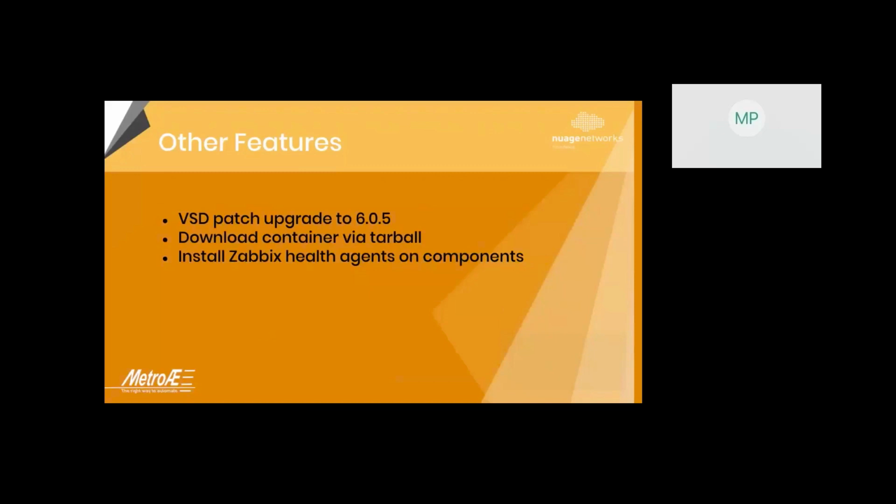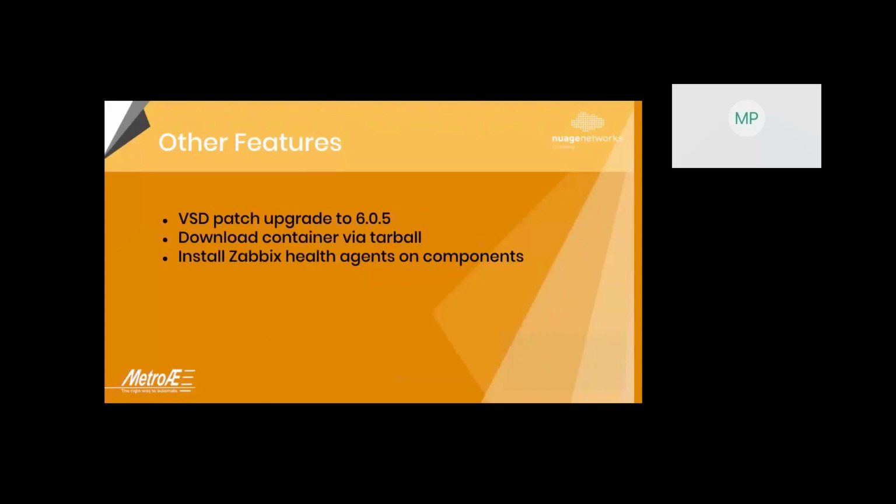So the MetroAE container can be downloaded via a tarball ahead of time and then installed without the need of internet access. And the last thing I'd like to talk about in our new features is that Metro version 4 now supports the installation of Zabbix health agents.